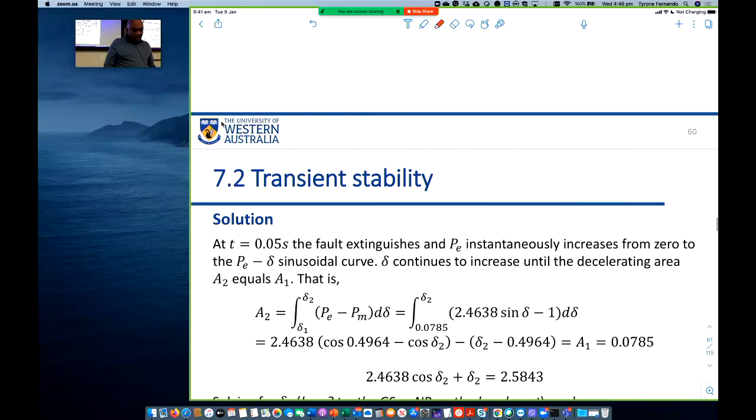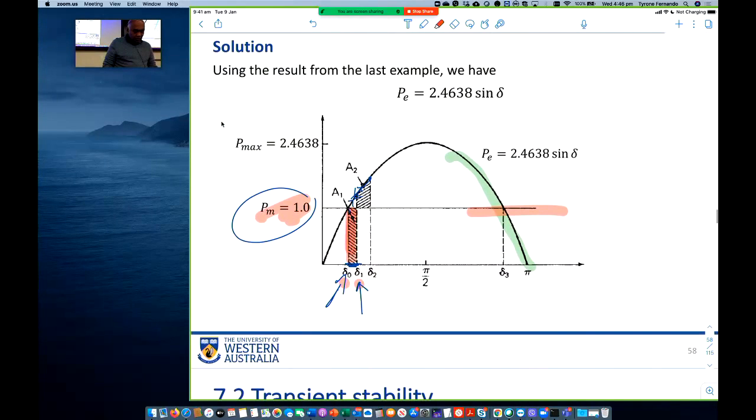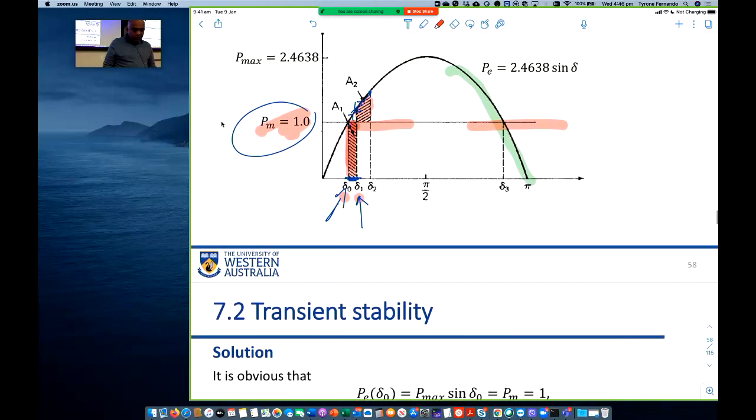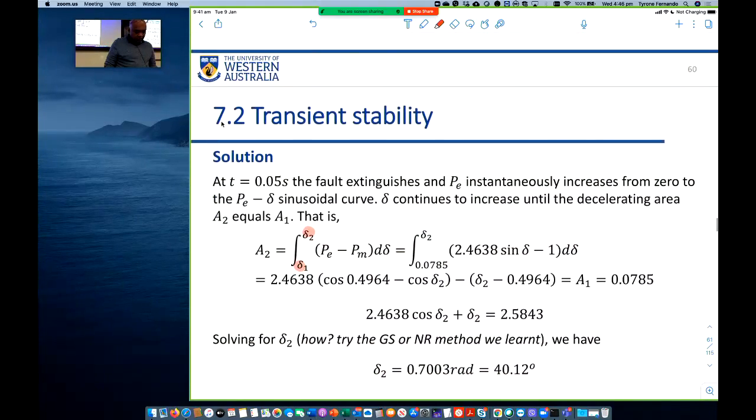And then area A2, the angle is going from delta 1 to delta 2. This area is the integral of PM minus PE with respect to delta, going from delta 1 to delta 2.